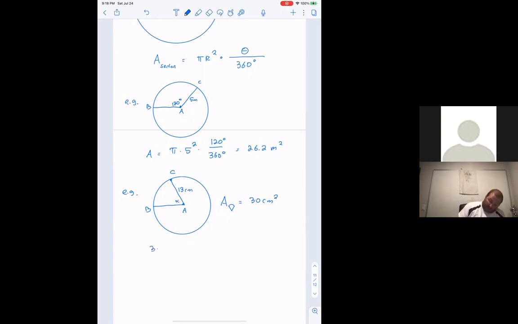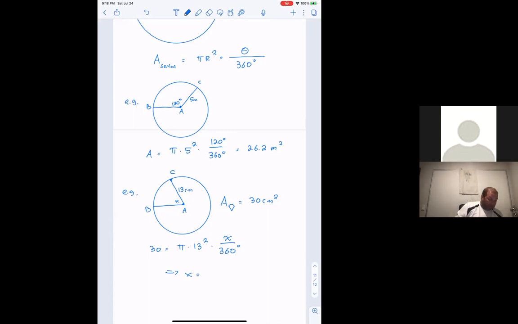No problem. The area is pi radius squared times my unknown angle over 360 degrees. It's just a matter of then solving for x. 30 divided by pi divided by 169, which is what 13 squared is, times 360, tells me that x is equal to... well, what they have here is not what I have, so I'll just do the math again quickly.